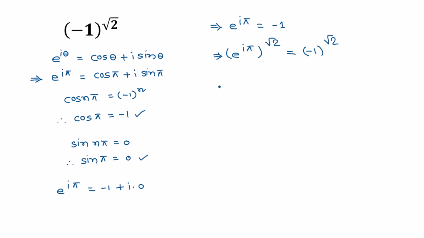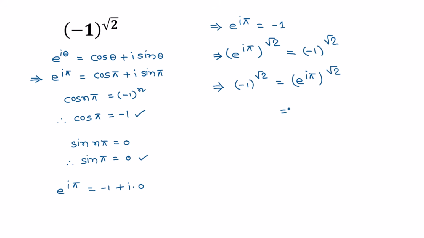Now changing the sides, we can write -1 to the power of square root of 2 is equal to e to the power of i times pi whole to the power of square root of 2.